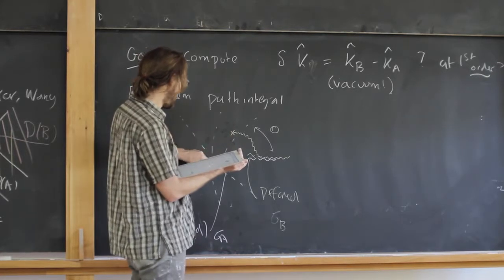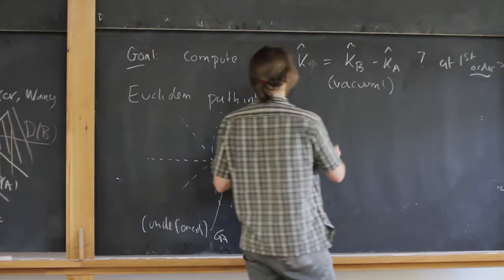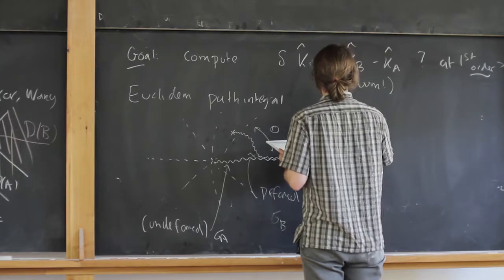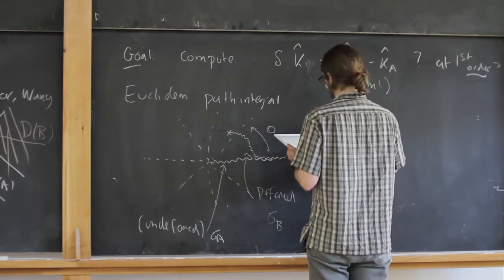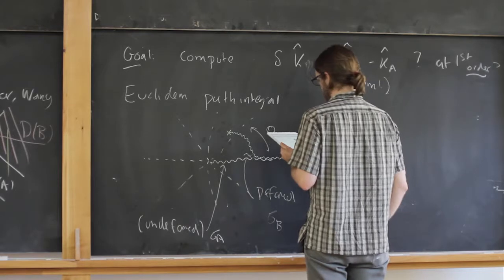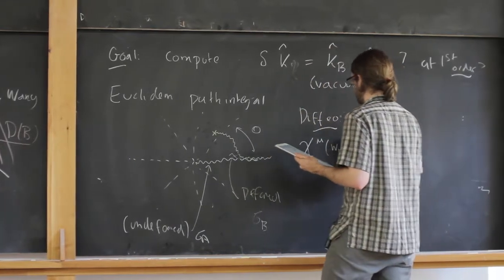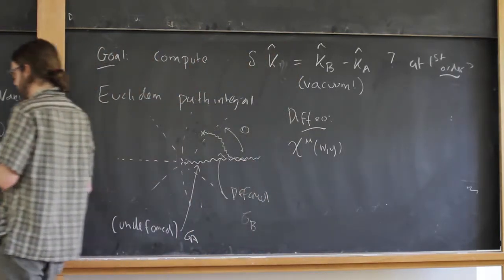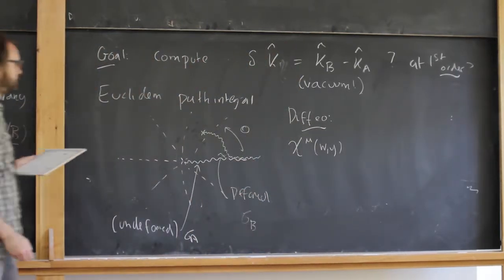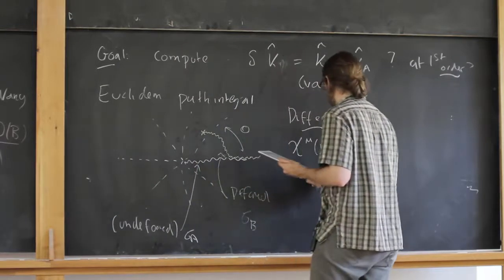So we just push this back here. What we're really doing is a diffeomorphism, which is just a coordinate change. That diffeomorphism comes with some vector field, and the vector field is defined everywhere in this plane. We're going to apply that to this picture.